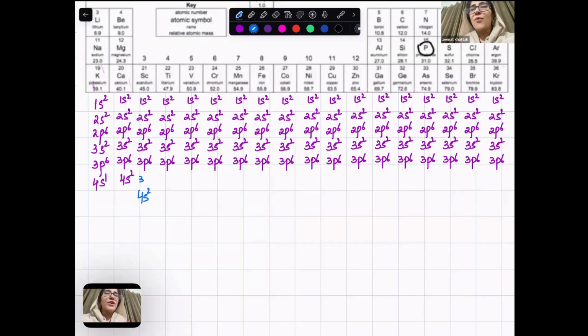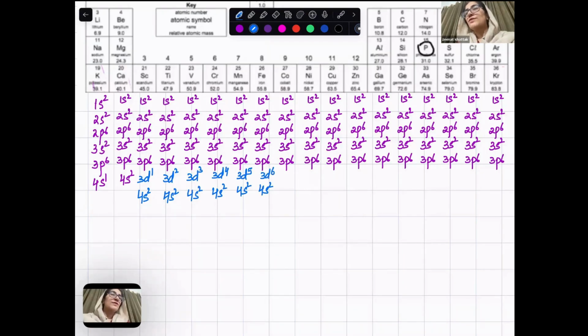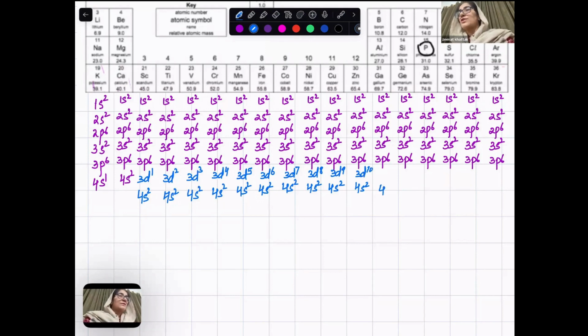4s2, 3d1; 4s2, 3d2; 4s2, 3d3; 4s2, 3d4; 4s2, 3d5; 4s2, 3d6; 4s2, 3d7; 4s2, 3d8; 4s2, 3d9; and 4s2, 3d10.